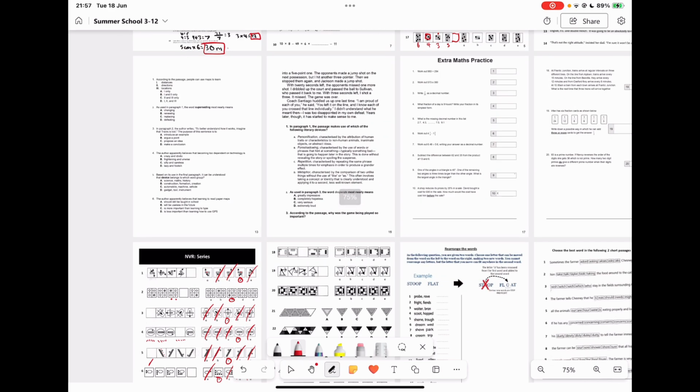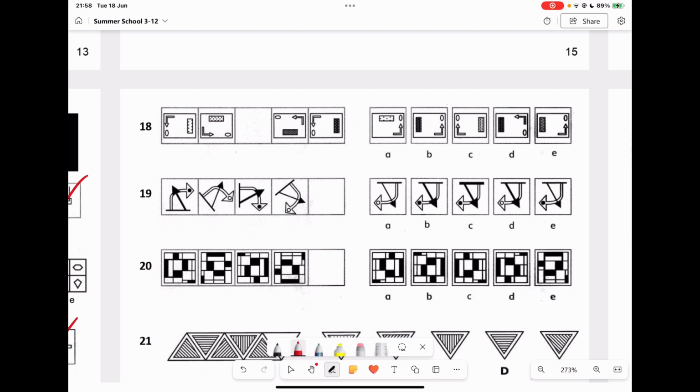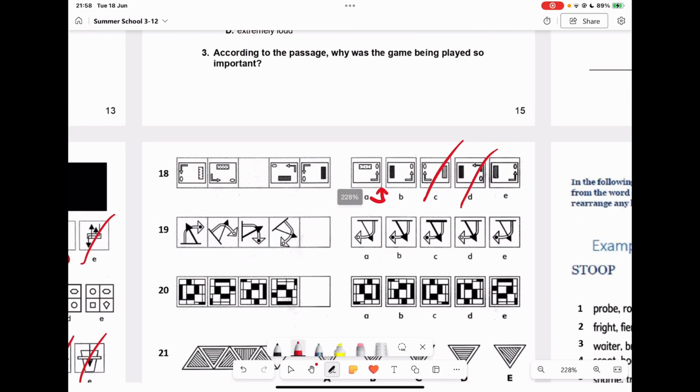So for question 18, that'll be here. So the arrow is moving 90 degrees anti-clockwise in each shape. So we can expect it to be here in the bottom right. So we can rule out C and D. Okay, so now we can be looking at the placement of the rectangle.